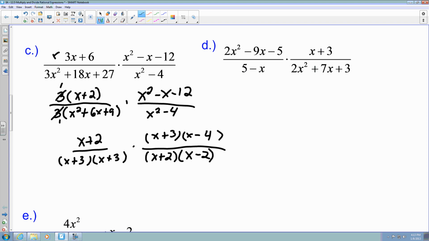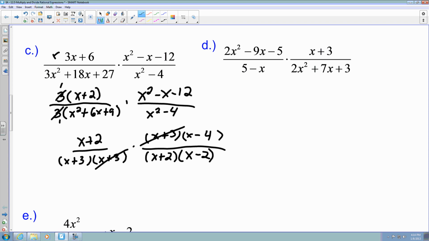So now, once I've done my factoring and my reverse FOIL, I can cancel out some terms. See how there's an x plus 3 in my second fraction in the numerator and an x plus 3 in my first fraction in the denominator, I can cancel these.